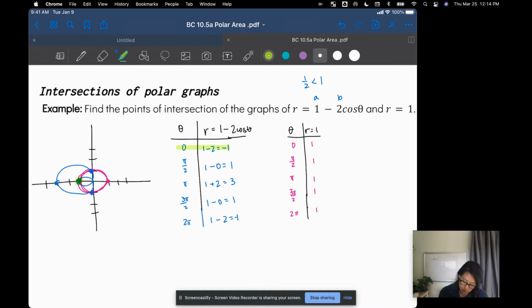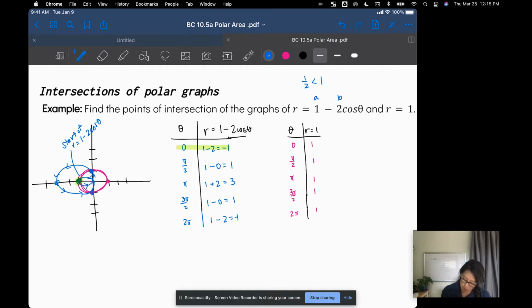That gives me my starting point. This is the start of r is equal to 1 minus 2 cosine theta. And then it moves in the counterclockwise direction. So it's going to go this way. It loops around and then loops back towards the inner loop point.